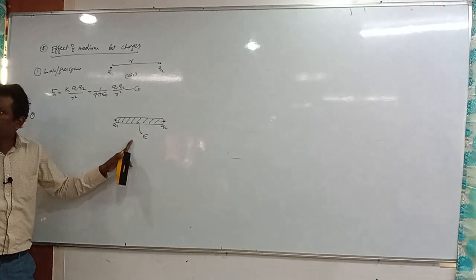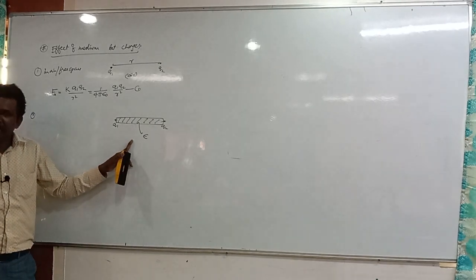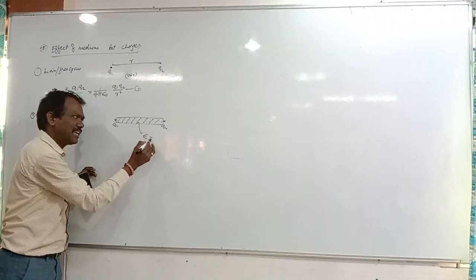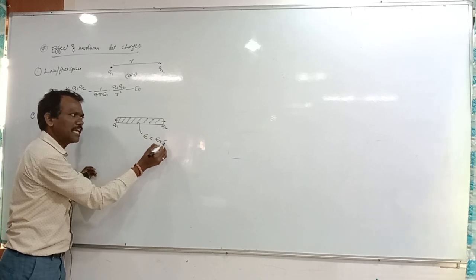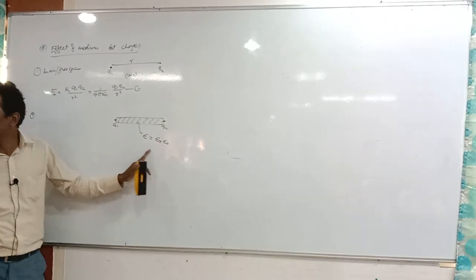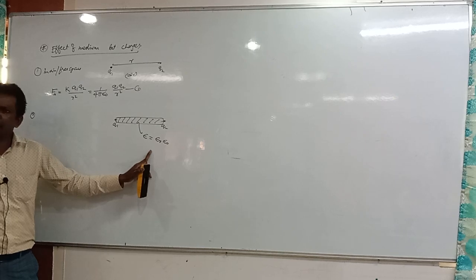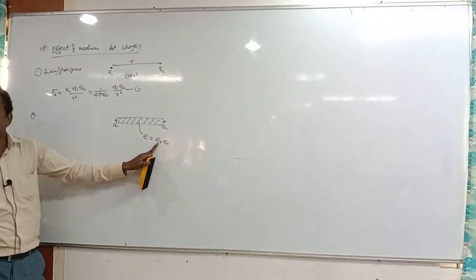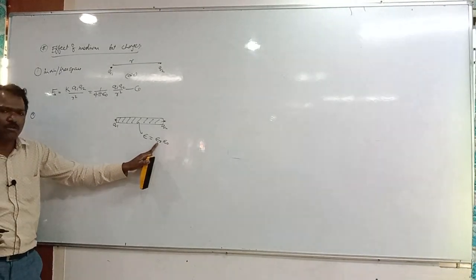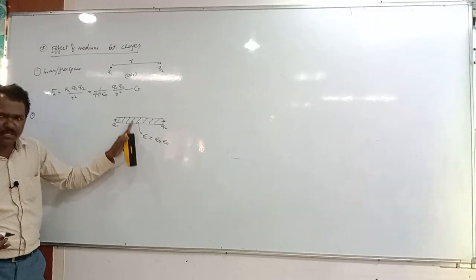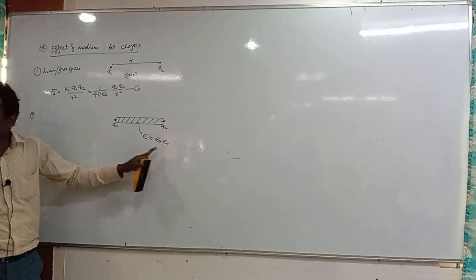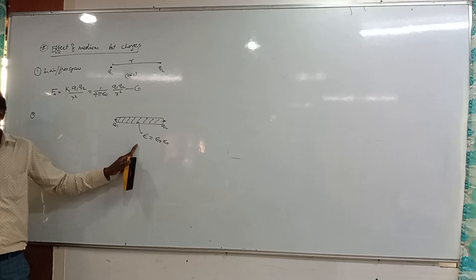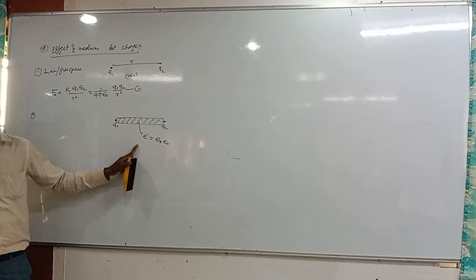Epsilon is the permittivity of a medium. Shall we write epsilon or epsilon naught? Because epsilon r, the relative permittivity, is equal to the permittivity of this medium to the permittivity of air or free space. Correct?